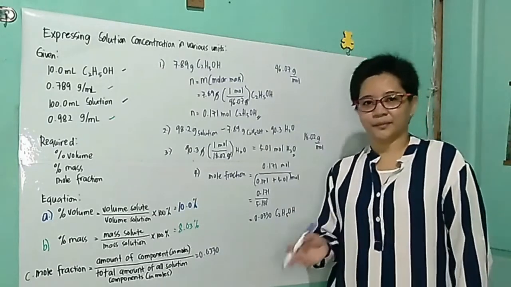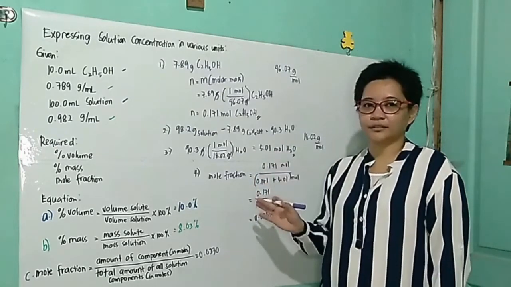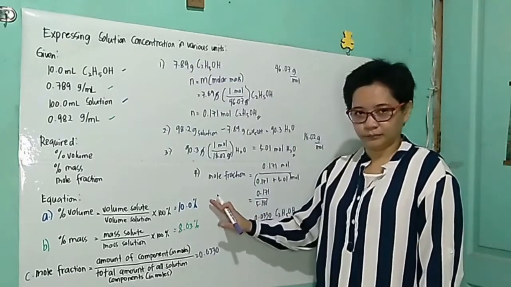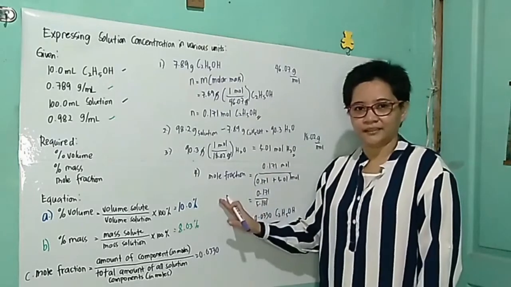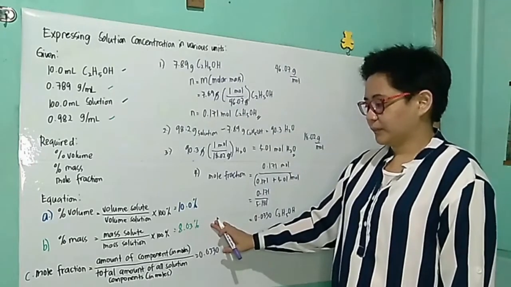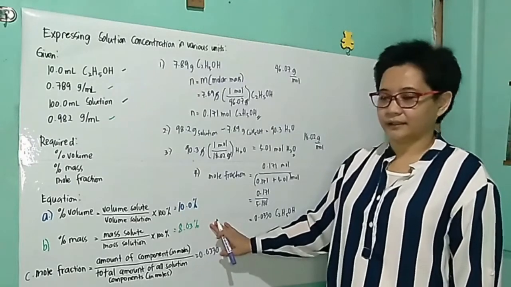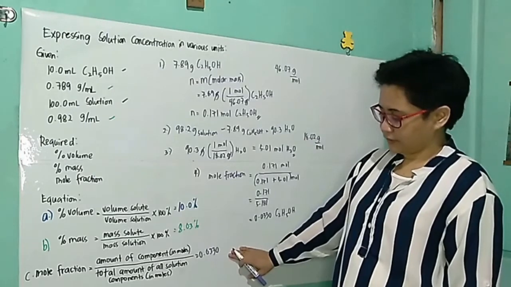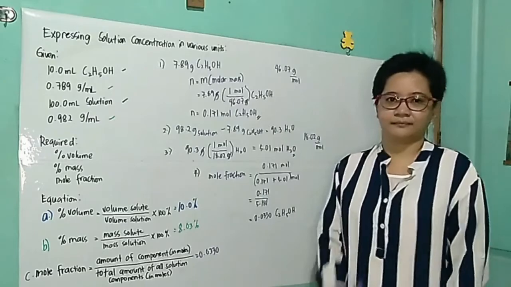We now have expressed the solution concentration in various units of ethanol: percent by volume in a 100 milliliter of solution, 8.03% by mass in 100 milliliter of solution, and 0.0330 as mole fraction.